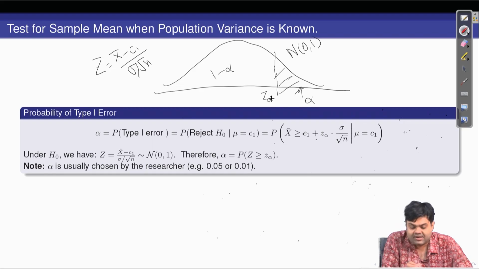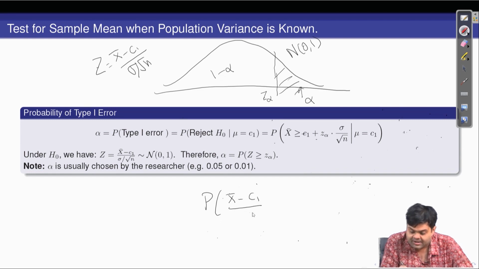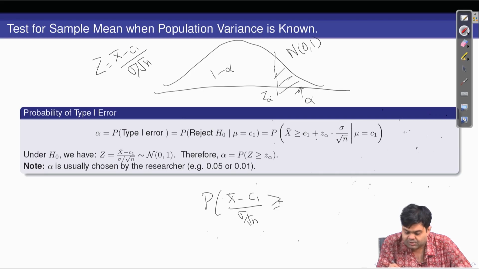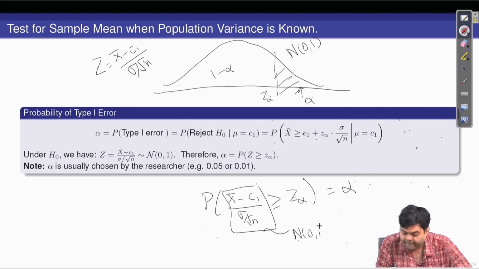So basically you want the probability that x bar minus C1 divided by sigma over square root n is greater than or equal to Z alpha to equal alpha, because this is N(0,1).